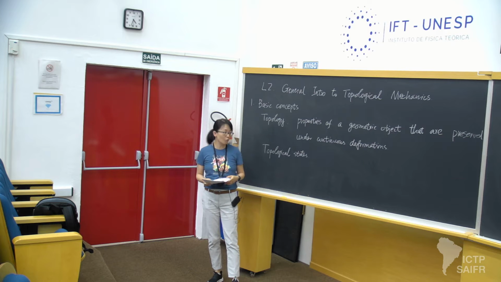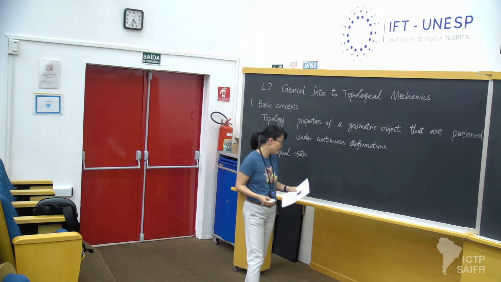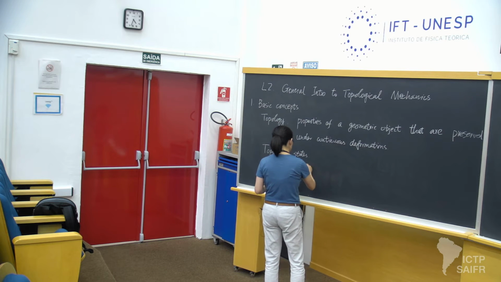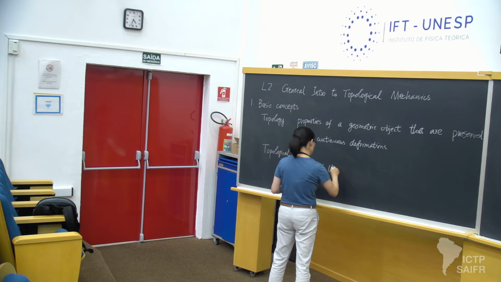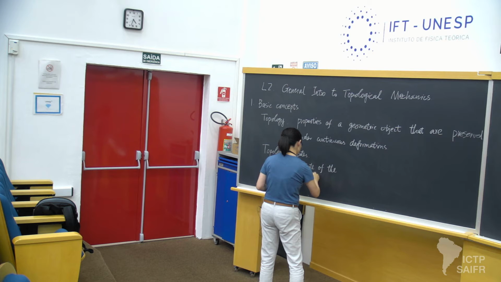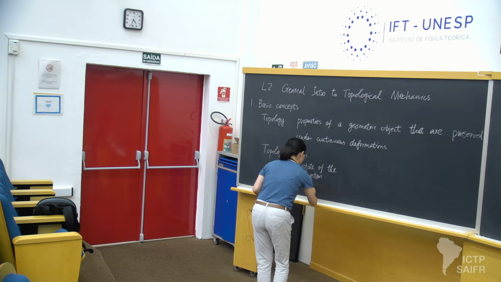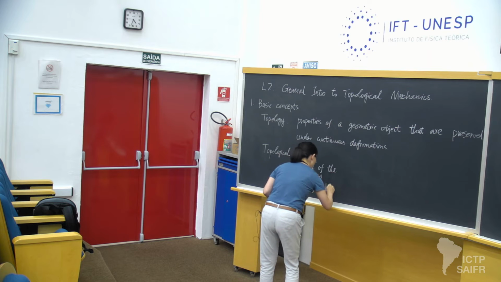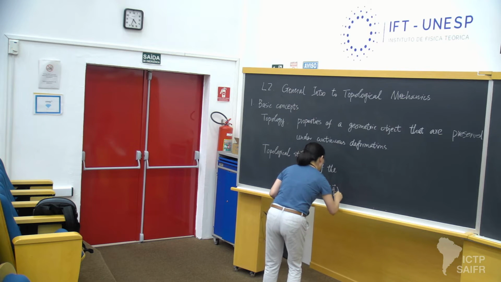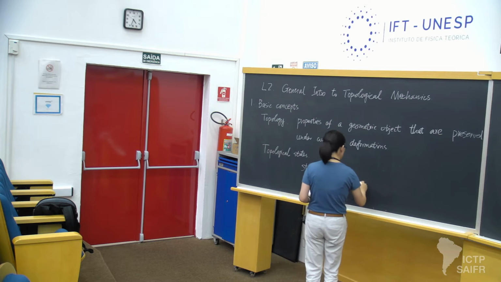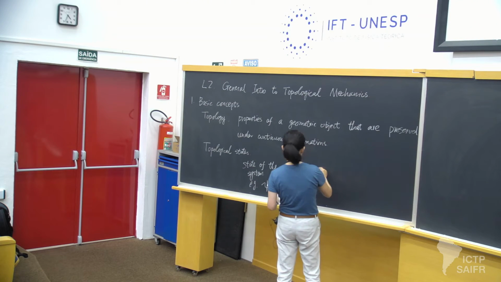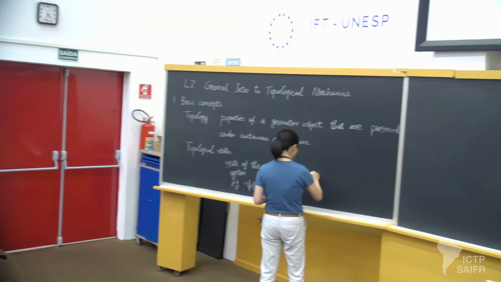And what is common here is that there is a mapping between the state of the system, for example, a wave function in momentum space to some non-trivial topological space.